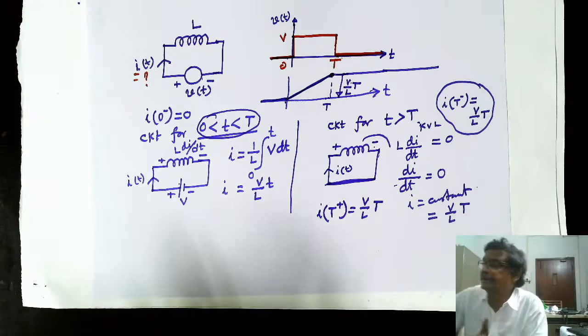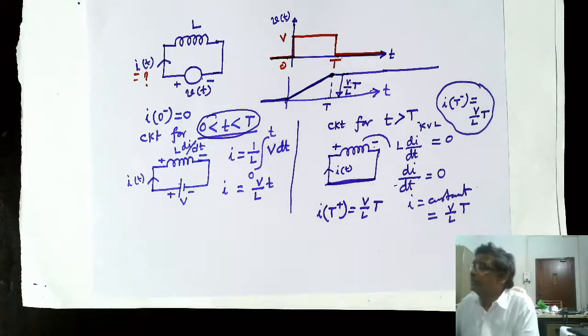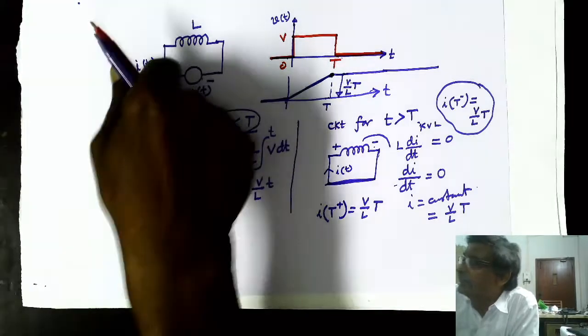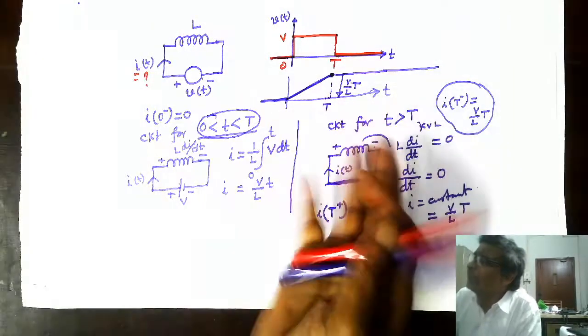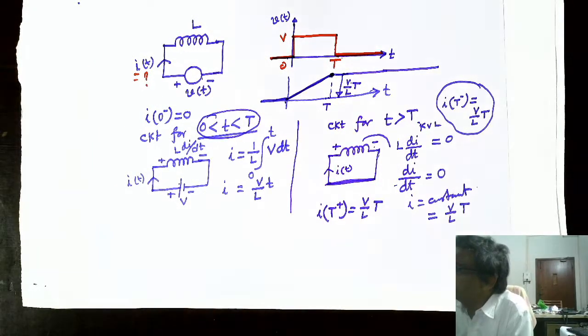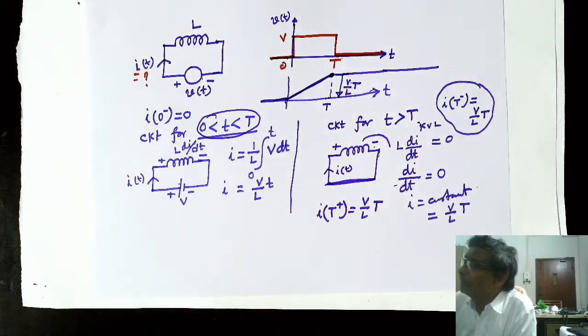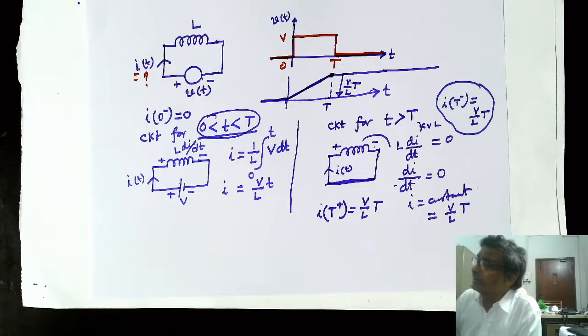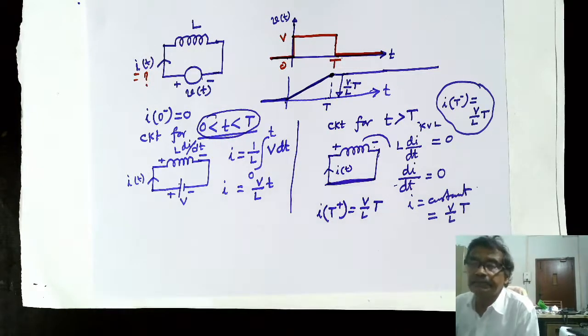Nothing surprising here, because you have pumped power into the inductor and then kept it shorted. It will keep on storing that energy. Is that clear? Therefore, the inductor will store energy. Clear?